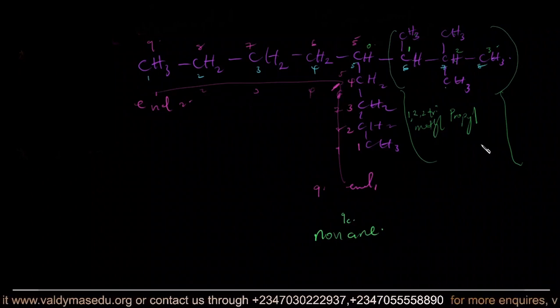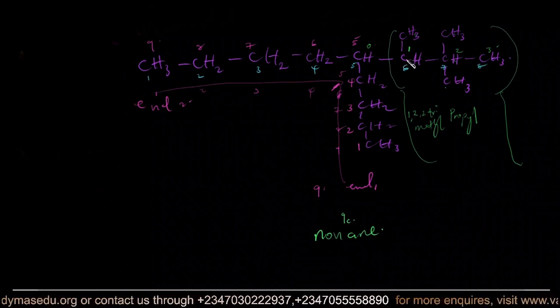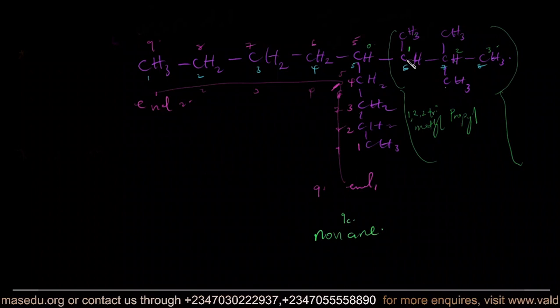So let's take it again. You have to start your numbering from this carbon that is nearest to the carbon carrying the branch. Starting from this carbon now, we have 1, 2, 3. Then assign the name to the 3, since it's a substituent to the main chain, that you call propyl. So you are going to call it propyl because it's a substituent to the main chain. Then the propyl has other substituents on carbon number 1 and 2.